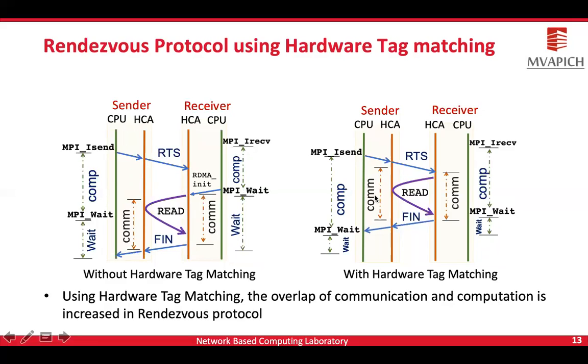On the right-hand side, I'm showing the same procedure using hardware tag matching. Even though the receiver side is performing computation, the HCA can still perform tag matching and appropriately perform the RDMA read whenever there is a match, and then send the FIN. As you can see here, there is full overlap of communication and computation, even for the Rendezvous protocol.